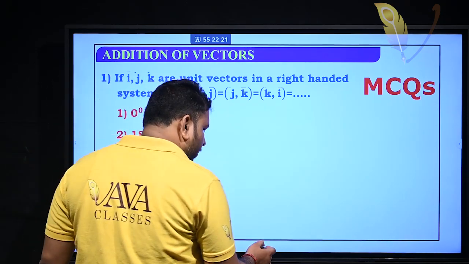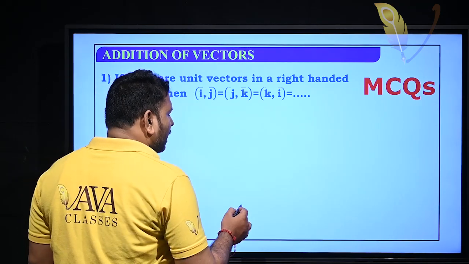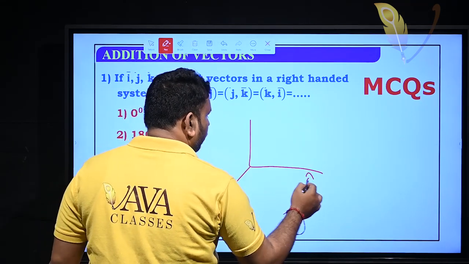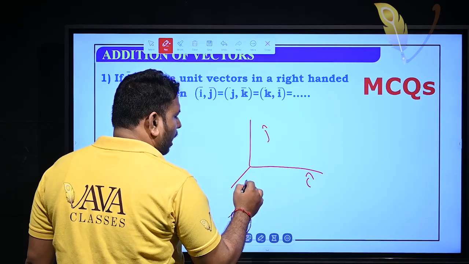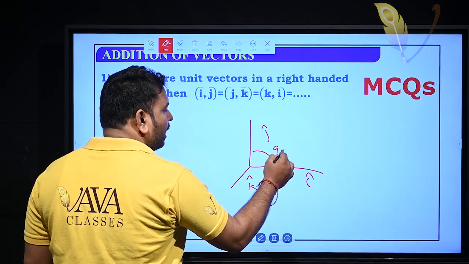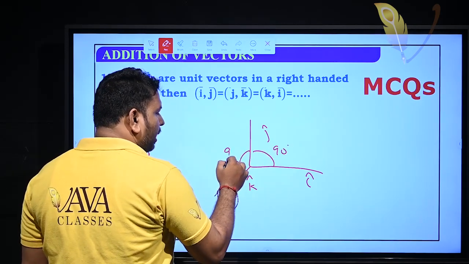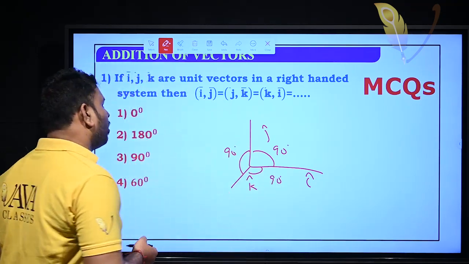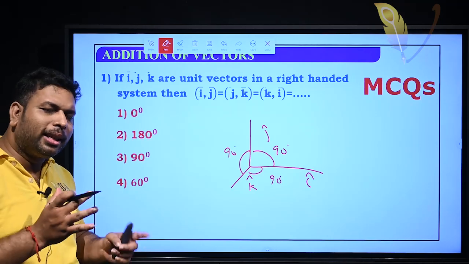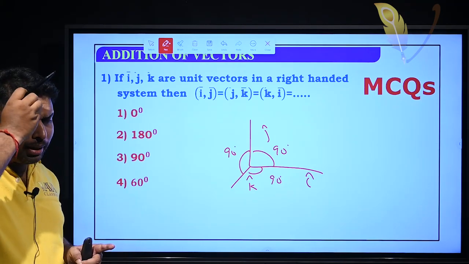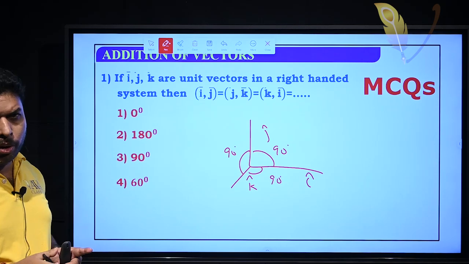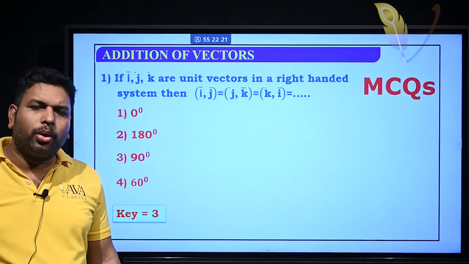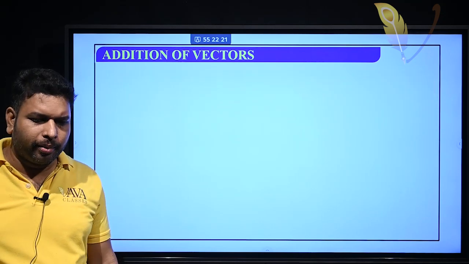Now these are in a right-handed system, angle between i cap j cap 90, angle between j k 90, angle between k i 90. So all three triads are perpendicular to each other, so angle between them is 90 degree. So third option is the right option, students.